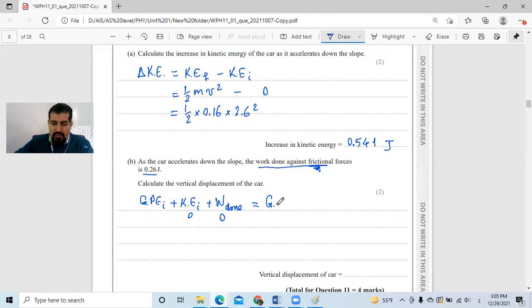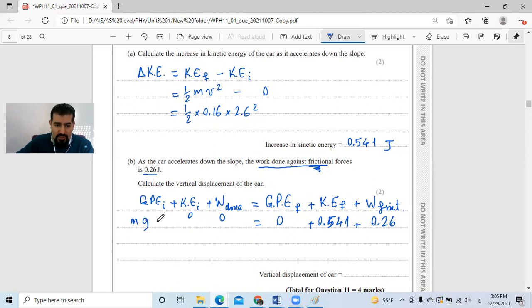That equals gravitational potential energy final, which is 0 because it reached the ground level, plus the kinetic energy final that we just found, 0.4541, plus the work done by friction forces or air resistance, which they give you as 0.26. Now the gravitational potential energy, as we know, is mgh initial.